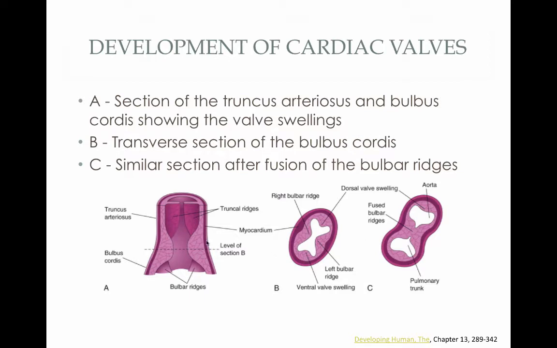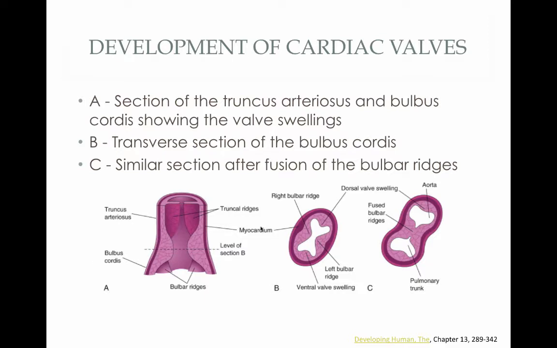As we go through these different cut planes, if we're taking these sections, this is a transverse section, or a section cut through, not a transverse, but a longitudinal cross section through the truncus arteriosus and bulbus cordis, again showing the swelling of the valves. And now we're taking this transverse cut through the bulbus cordis.